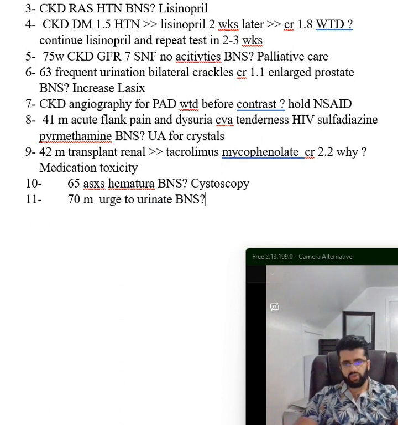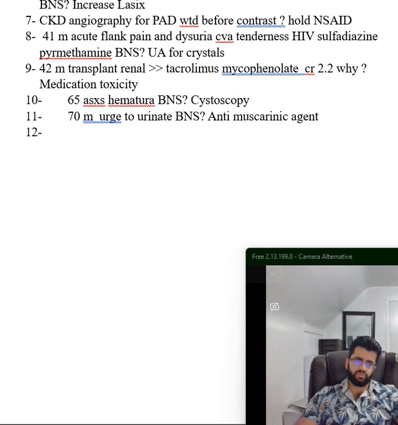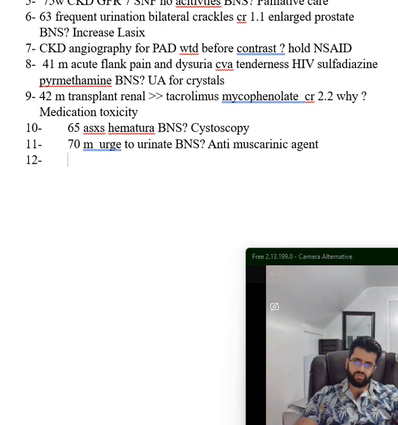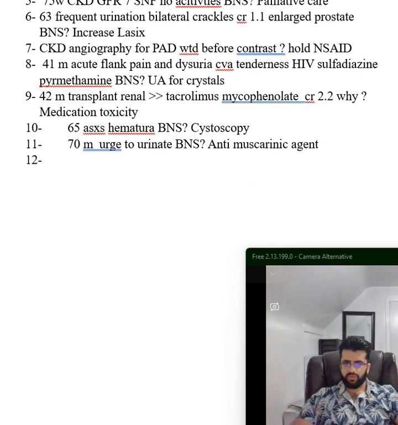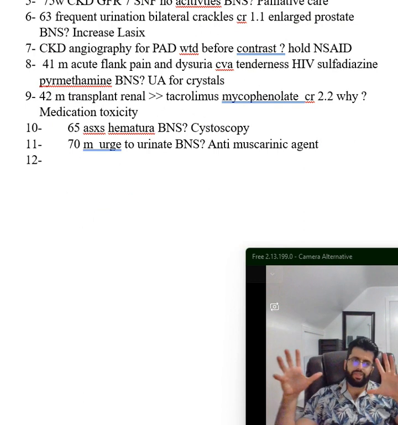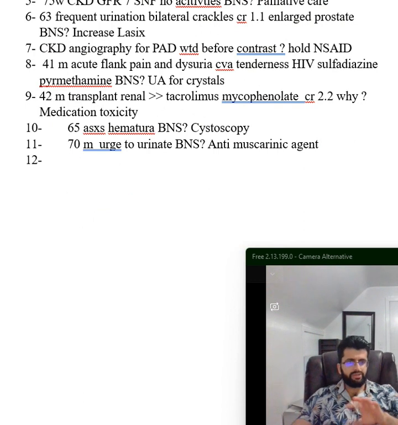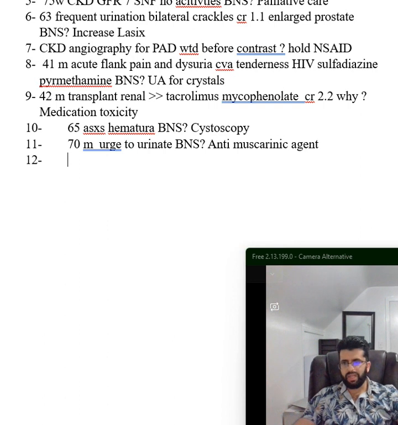So what do you treat him with? You treat him with an anti-muscarinic agent, okay? Basically, you inhibit the parasympathetic response to the bladder so that you stimulate the sympathetic and empty the bladder.